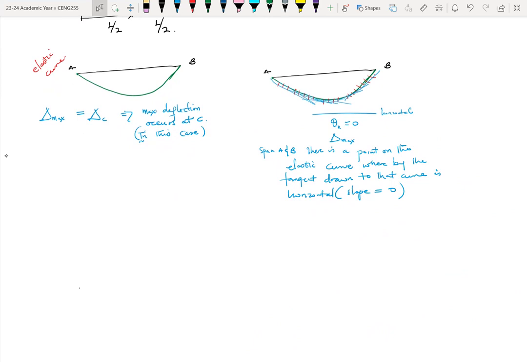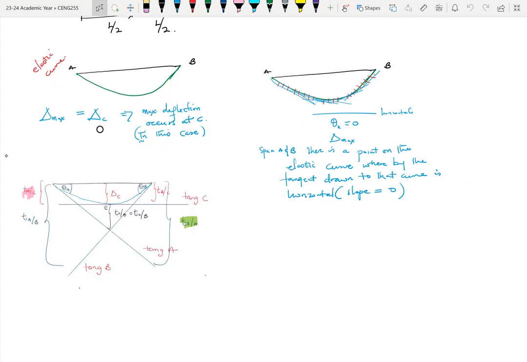Let me just copy it and show it to you guys. Okay, so here I have the elastic curve.